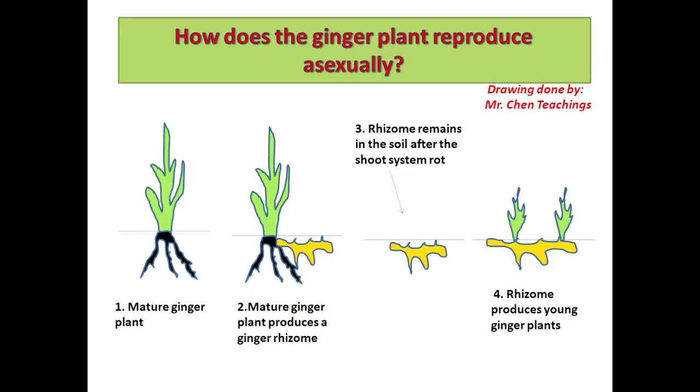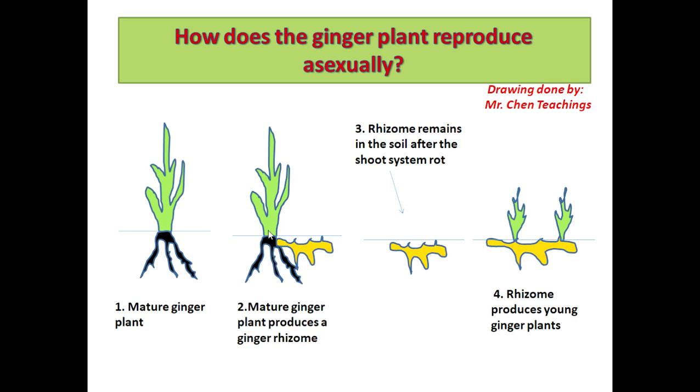So, in this slide now, it is answering the question, how does the ginger plant reproduce asexually? Alright, so I'm going to explain this diagram here. So number one, normally the ginger that you consume is actually the rhizome. Now it is produced by a plant. So in one, say you have a mature ginger plant here. Number two, the mature ginger plant produces a ginger rhizome.